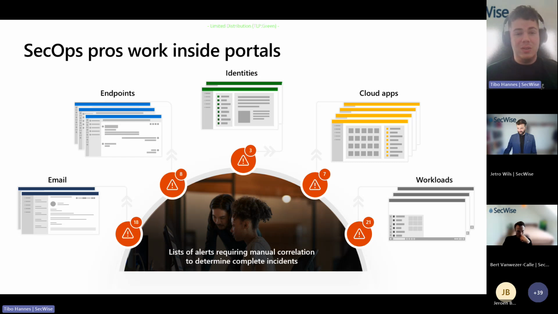It gets a lot more difficult for security teams to correlate alerts to see which have something to do with each other and which don't. But most importantly, it's just getting too much. So we can solve this with a SIEM, Security Information and Event Management, which centralizes all the data and makes sure you can get to one single portal.